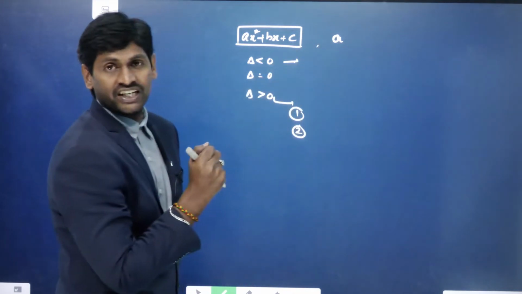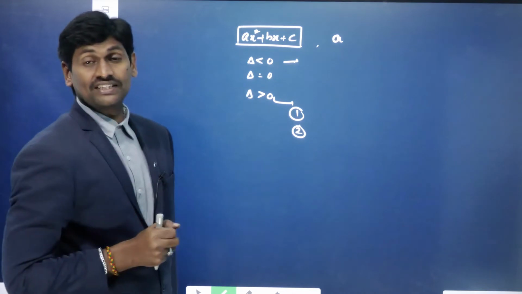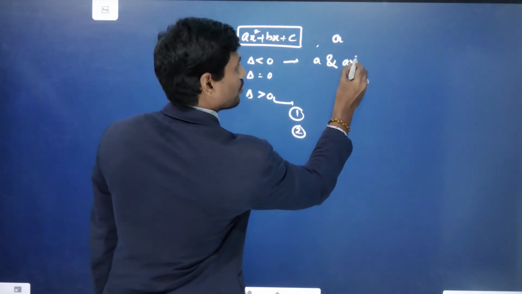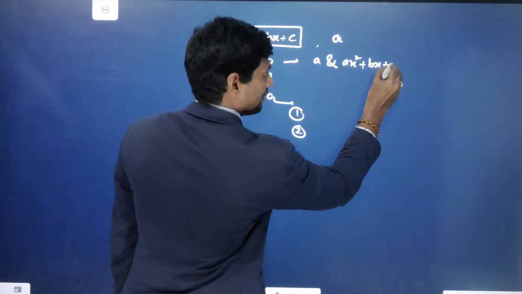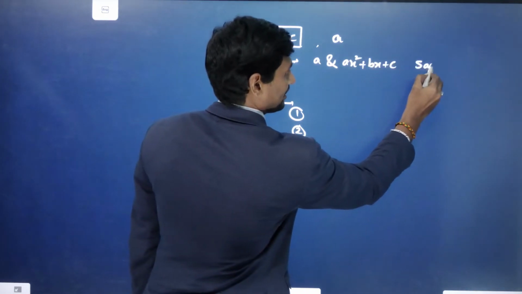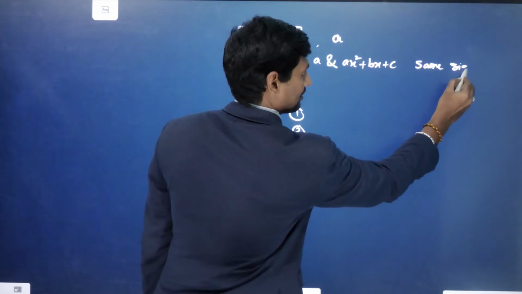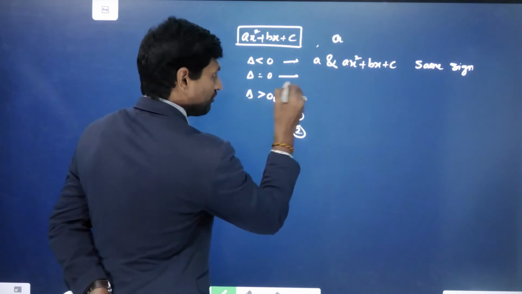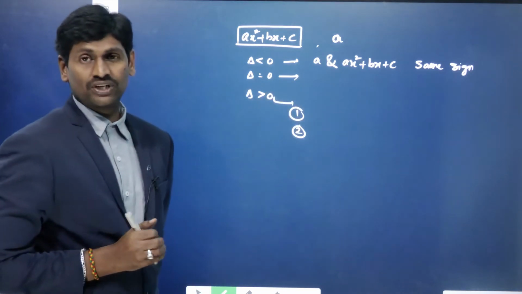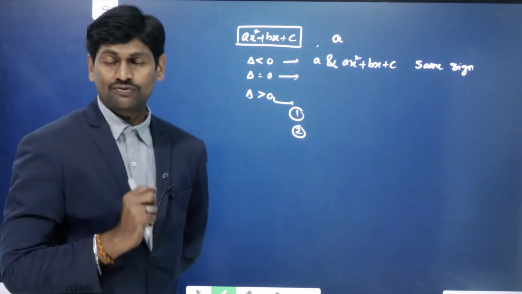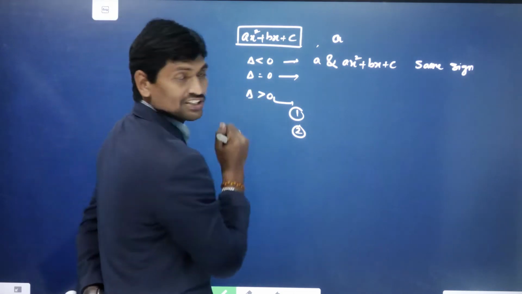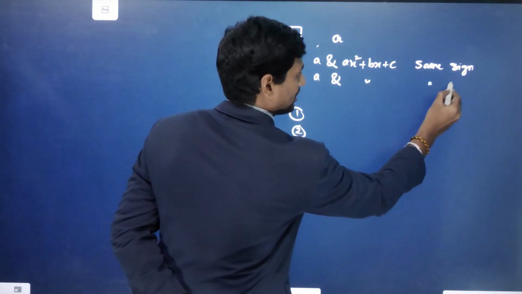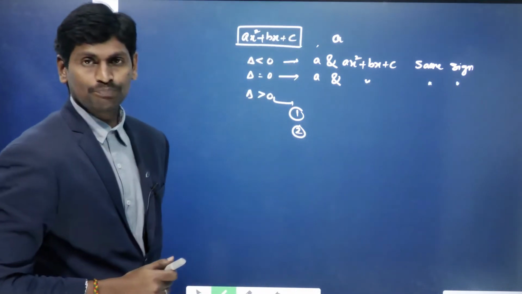So if delta value is less than 0, the x square coefficient and the entire expression have the same sign. That means here a and ax square plus bx plus c have the same sign. If delta, the discriminant b square minus 4ac, is equal to 0, here also a and ax square plus bx plus c have the same sign.